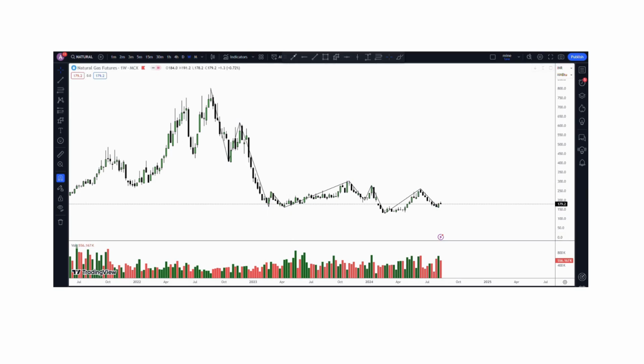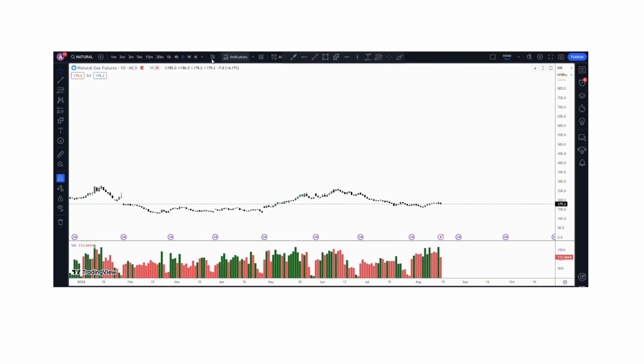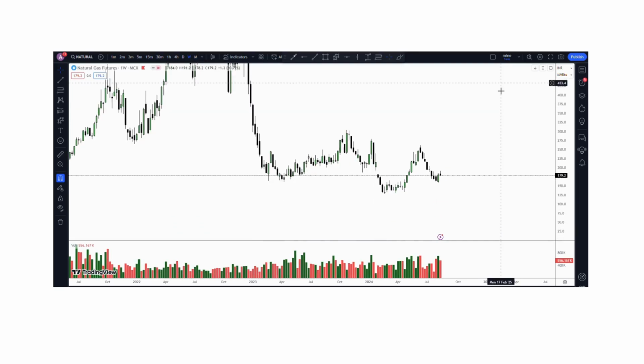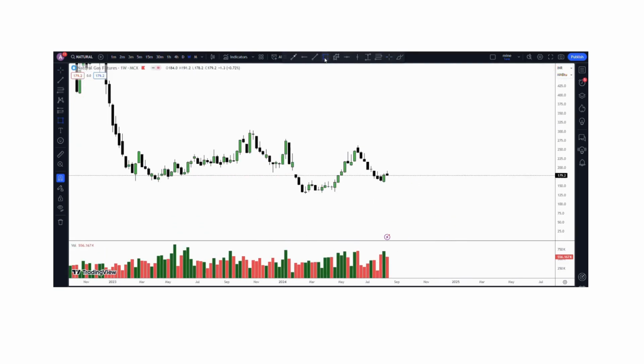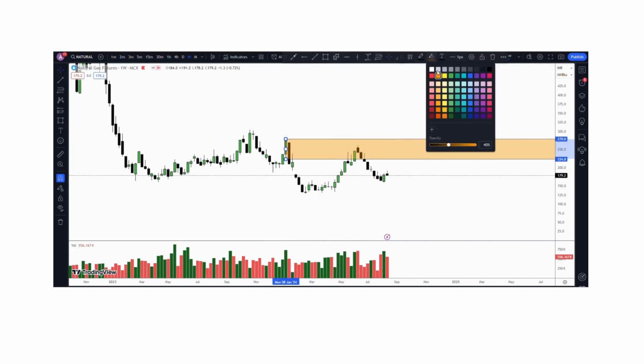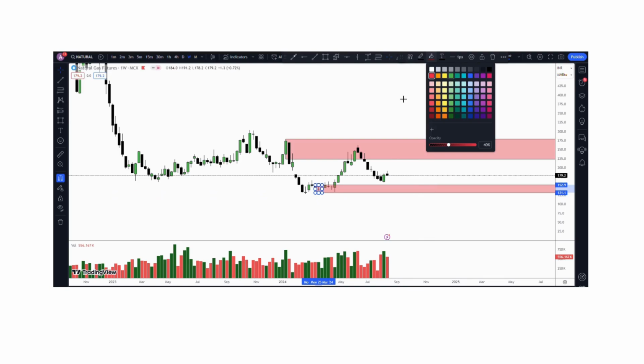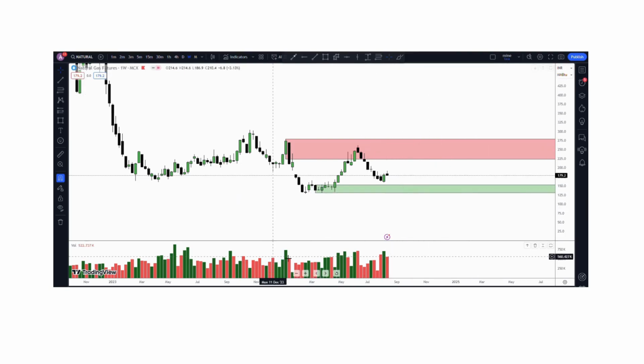All right. So let's get back to the daily chart. Let me just mark important levels here. This would be your resistance zone on a weekly basis, and this can be your support on a weekly basis.